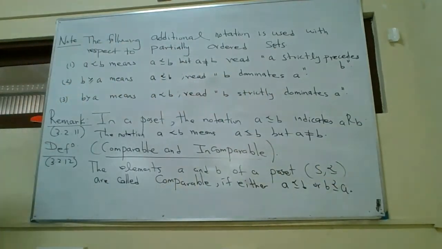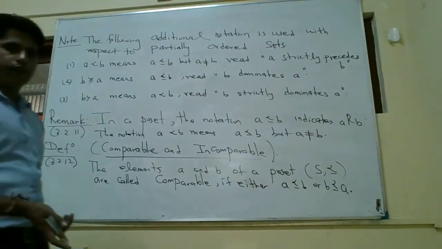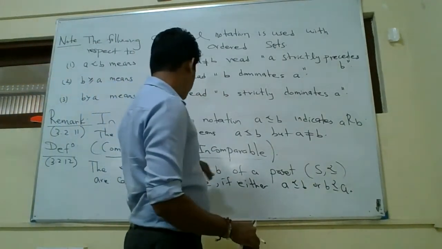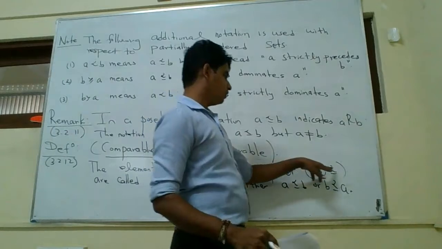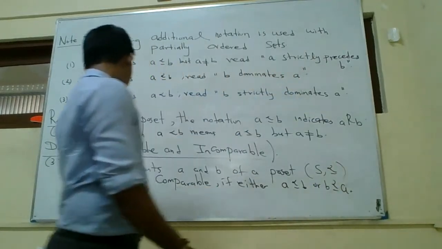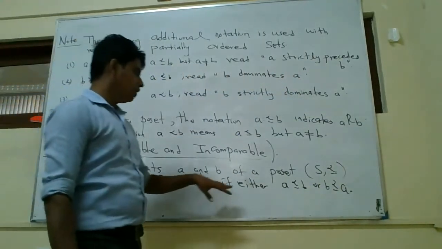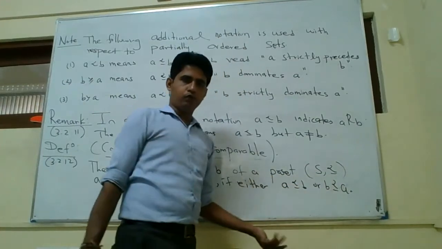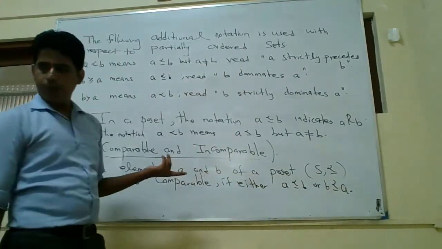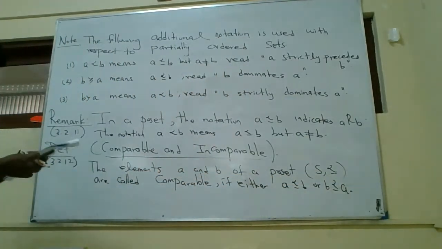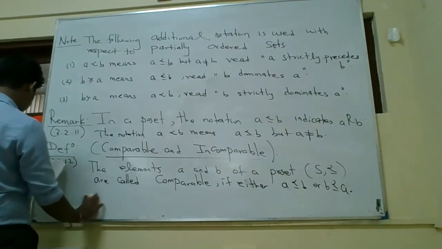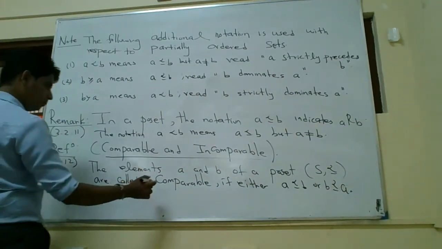For any particular relation, A precedes B or B precedes A. It is called comparable.